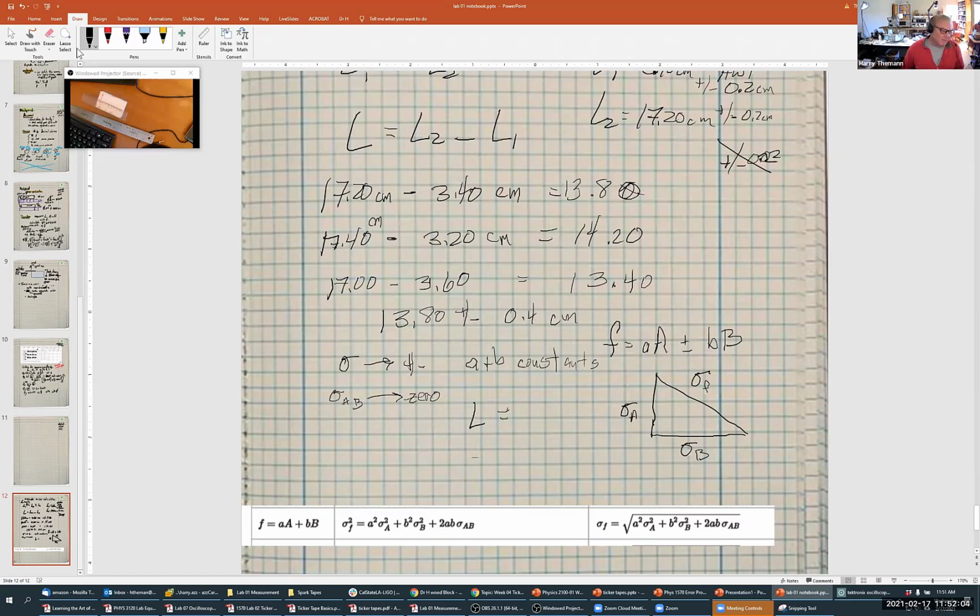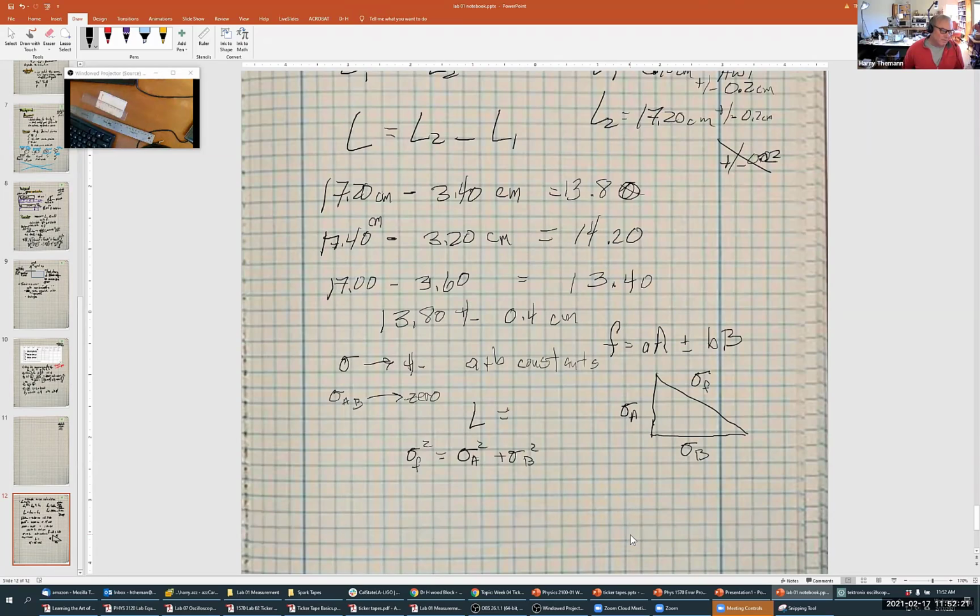So we know the Pythagorean theorem says that sigma F squared is going to equal sigma A squared plus sigma B squared. And then we just simply take the square root of it, and you see how we end up with something that's not quite the worst case scenario and not quite the best case scenario.